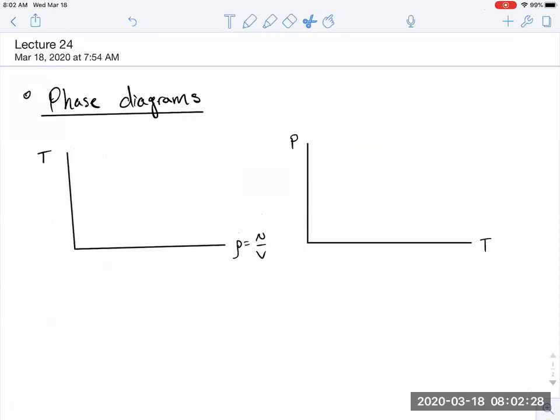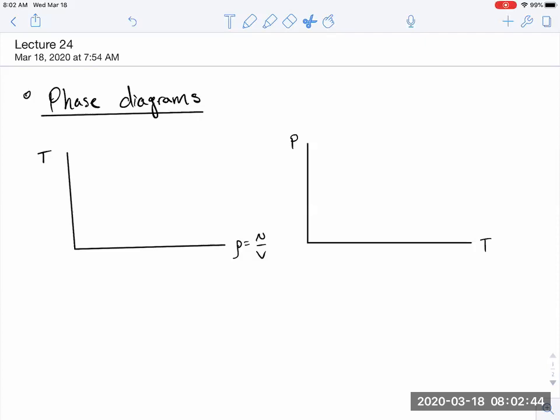And specifically, we're going to flesh out an object that we've been discussing a little bit indirectly, which is that of a phase diagram. Now, phase diagrams contain an enormous amount of information.